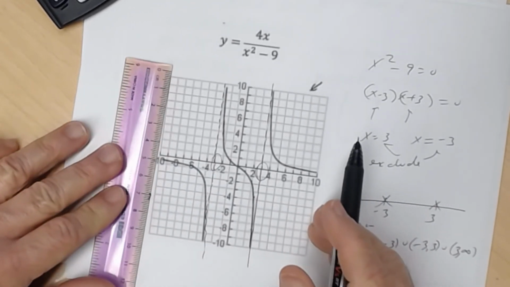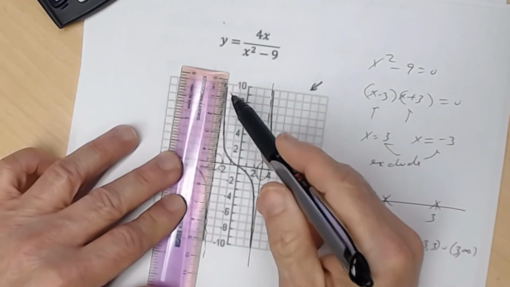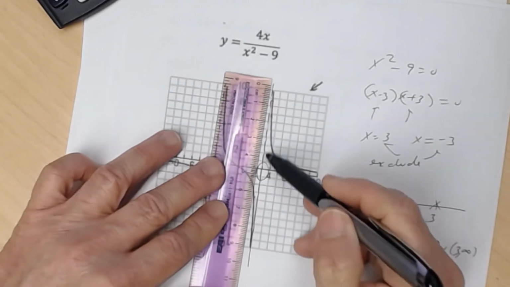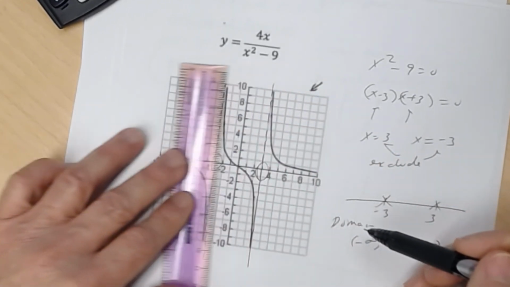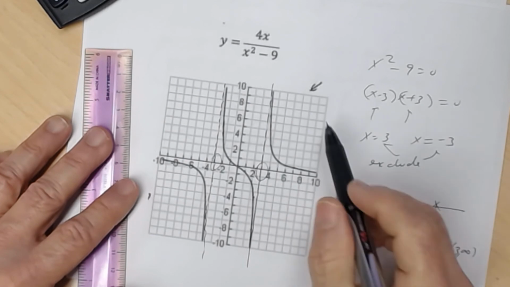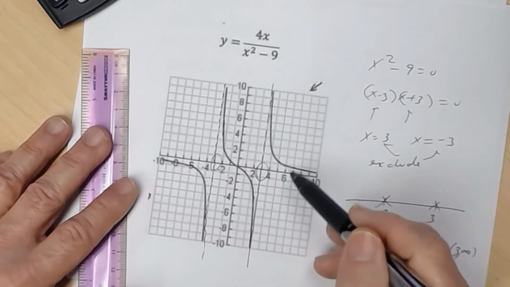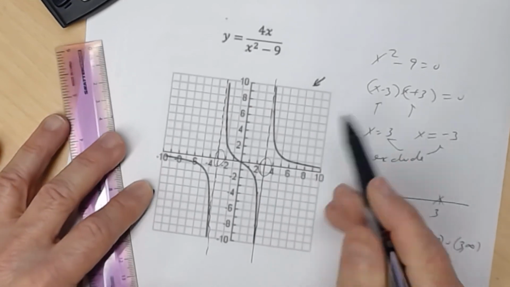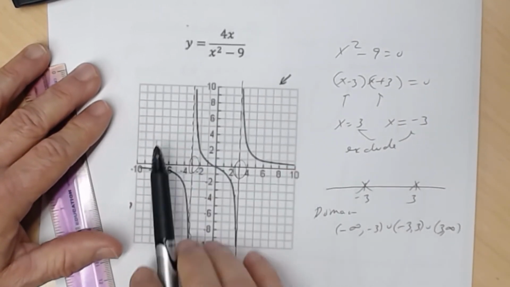So notice I'm going from negative infinity to negative 3, and then from negative 3 to positive 3, and then from 3 to infinity. So you're going to see how to graph this. It's not difficult to graph, very easy to graph. And most students don't have any issues with this. So that's what the graph of a rational function looks like.